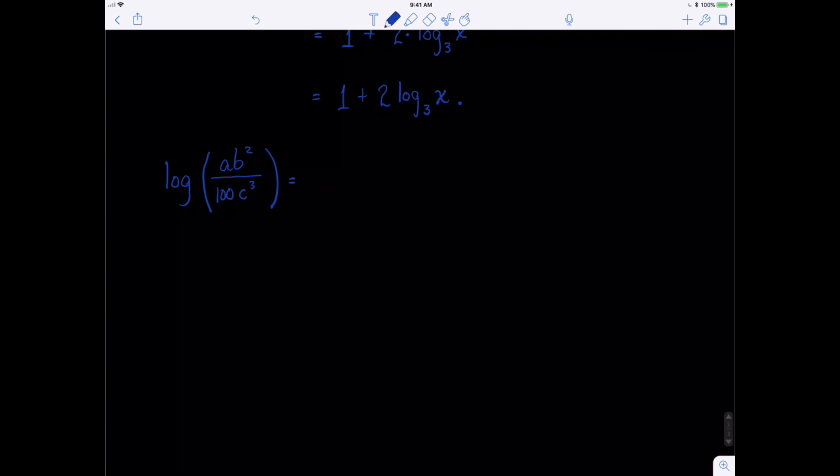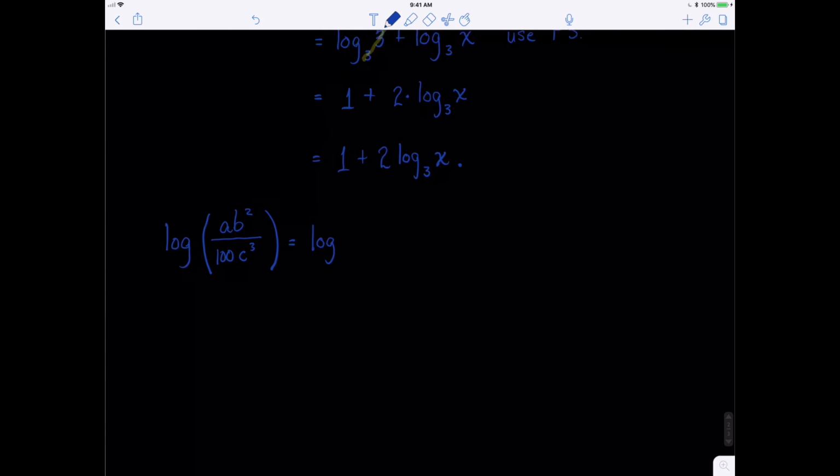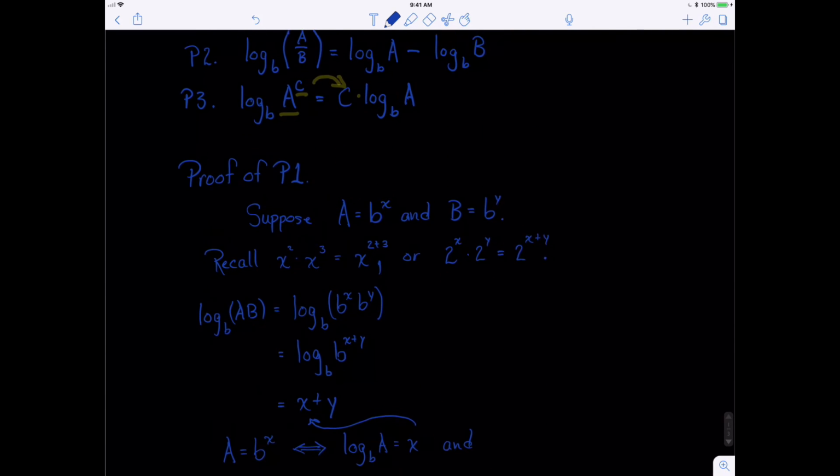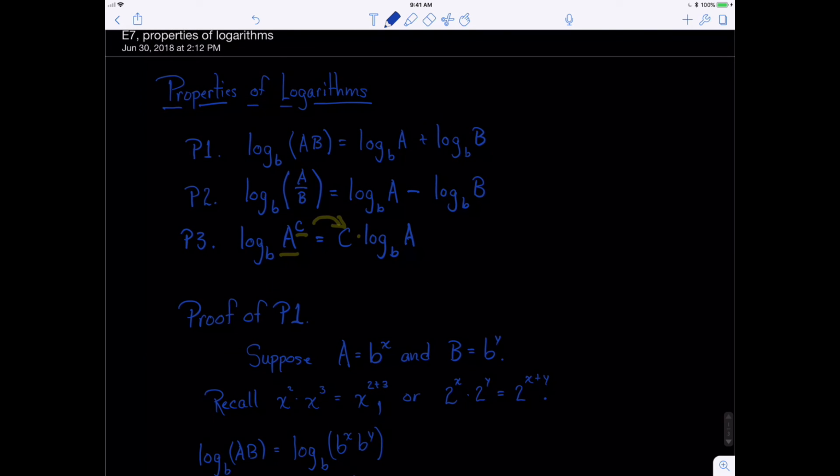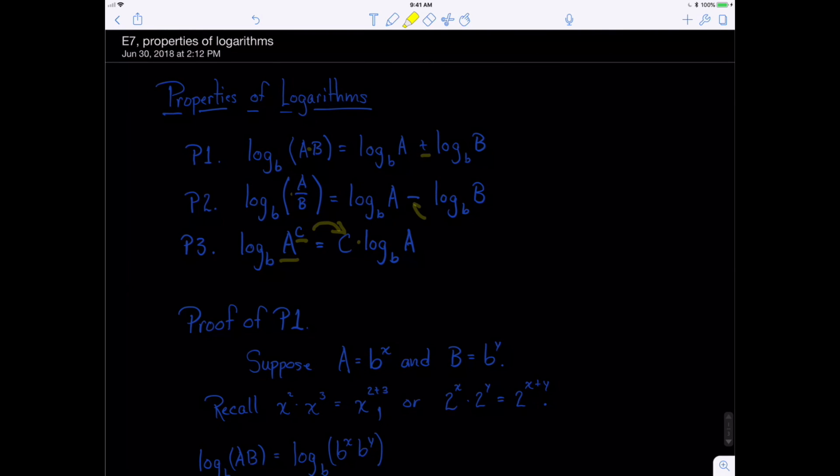So let's rewrite this as a log. Now, this is property 2. I'm going to come up and show you. Look at property 1. Property 1 says that if two numbers are being multiplied, you can change it to addition. Property 2 says that if you have division, you change it to subtraction.